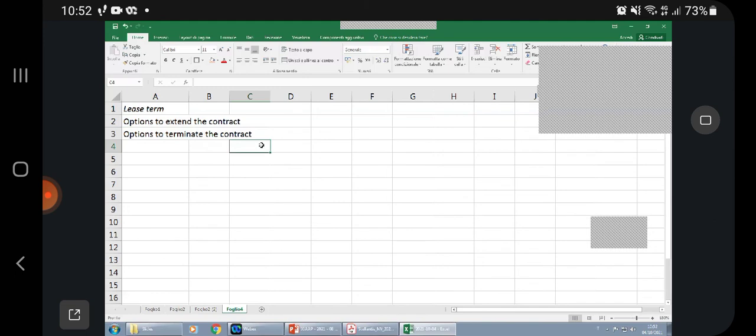But in some contracts, there is the possibility for the lessee to exercise an option in order to extend the contract. For example, in Italy, for rental of buildings, so for building rental contracts, not for temporary contracts of 1 year, okay?